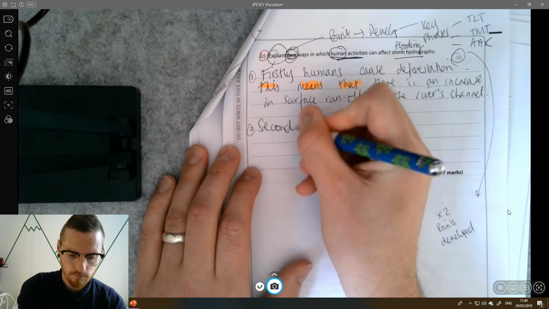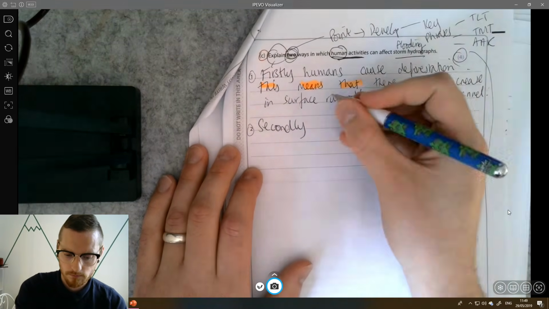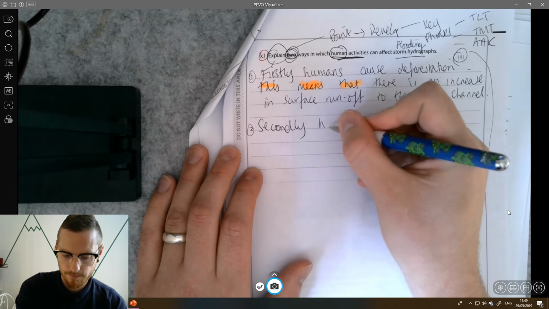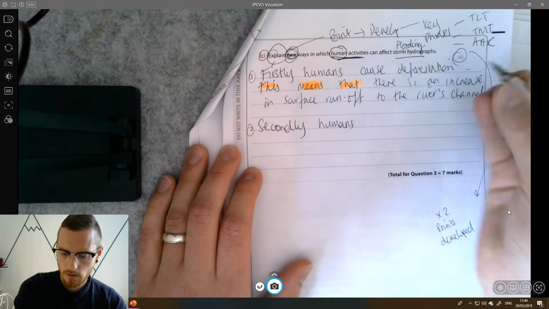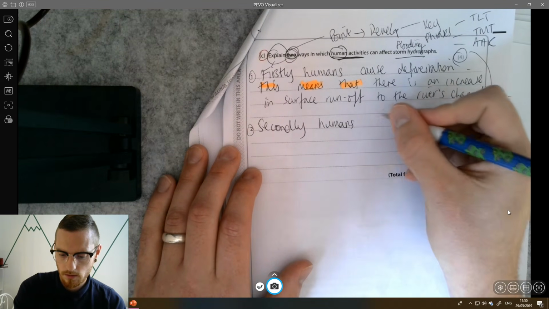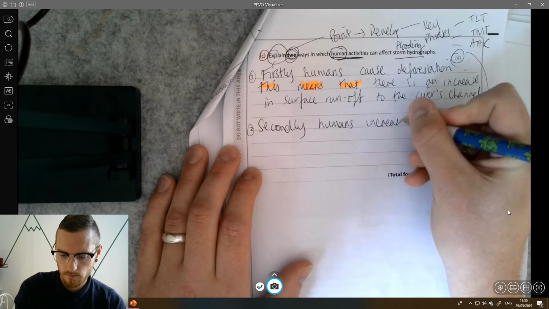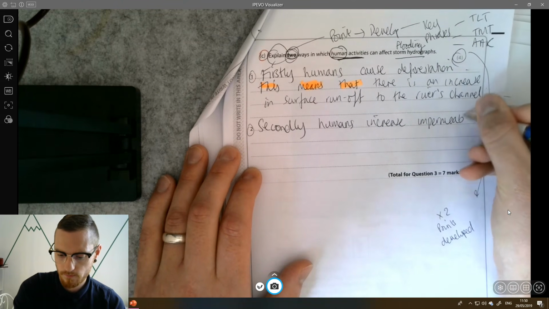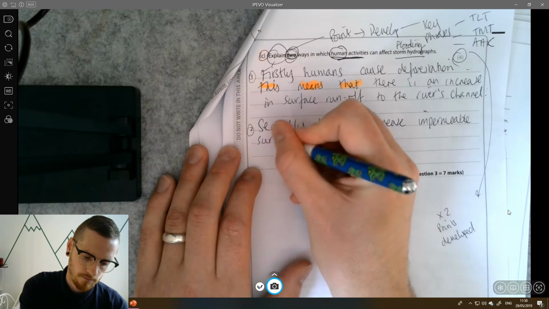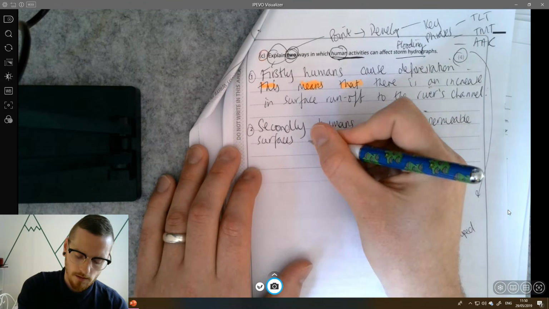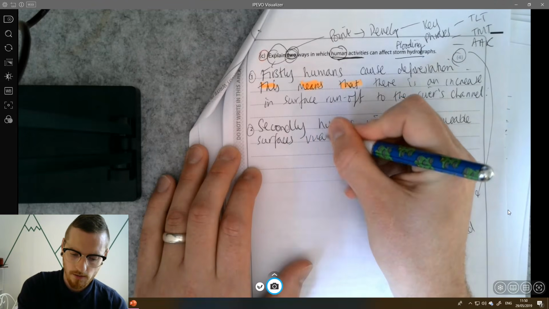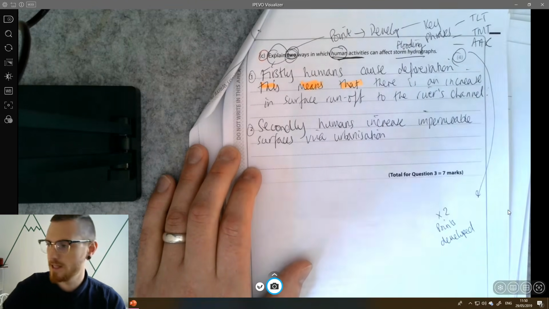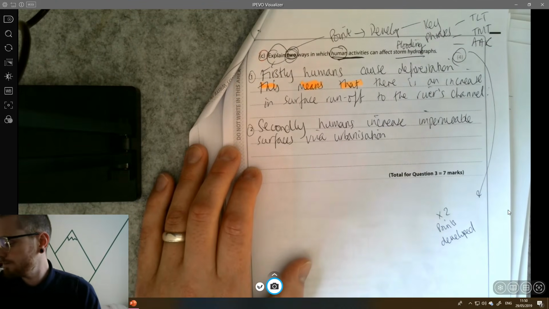Secondly, humans increase impermeable surfaces via urbanization, i.e. growth in our towns and cities and the proportion of people living in them.